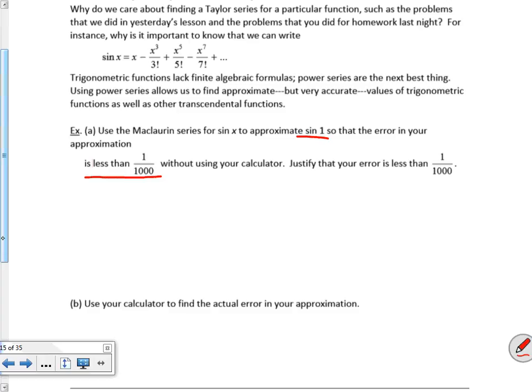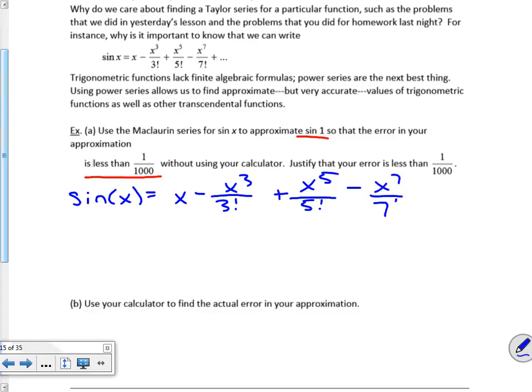The first thing we should do is write down the power series for sine of x. So the power series for sine of x is x minus x cubed over 3 factorial plus x to the 5th over 5 factorial minus x to the 7th over 7 factorial, and it keeps going.